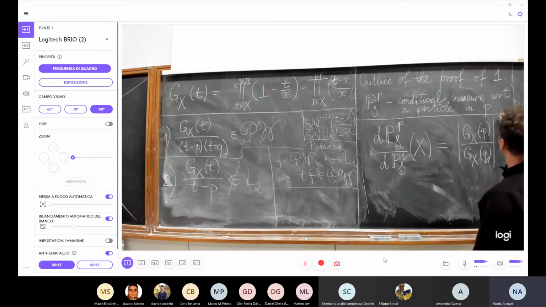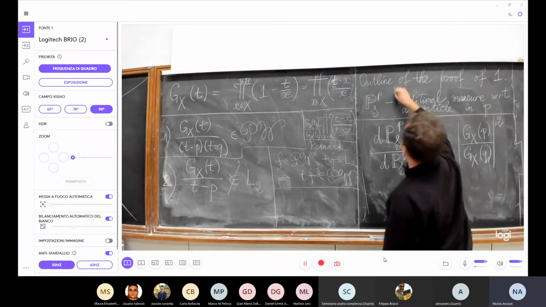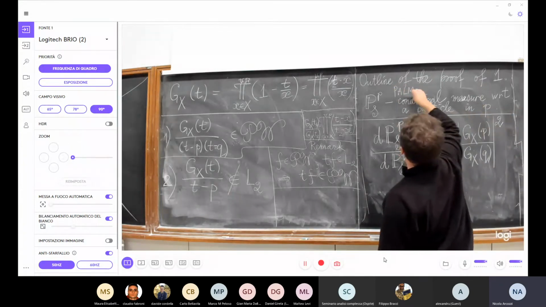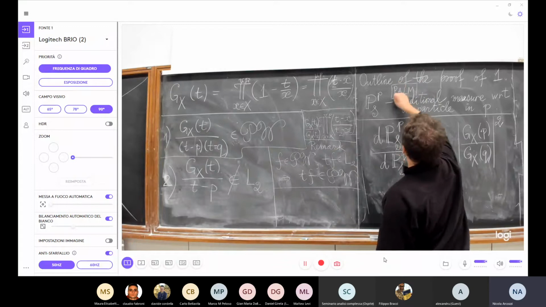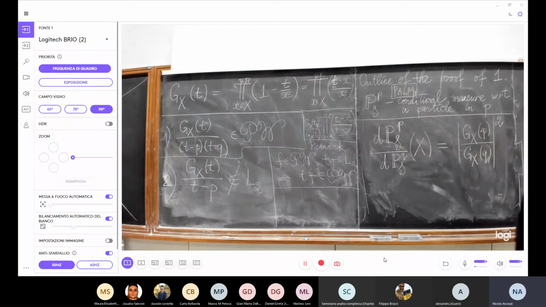How do you spell Palm? Palm is like this, Conrad Palm. As I said many times, Palm was not a mathematician, actually. Palm was an engineer. He was working for Ericsson in Stockholm, and I don't think he knew what a measure is, in fact. At least he didn't write in these terms.